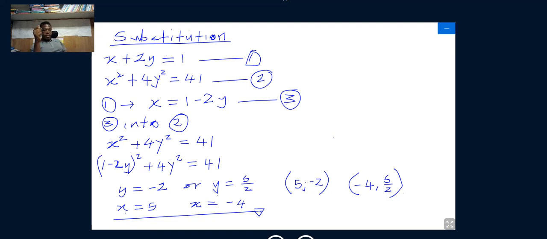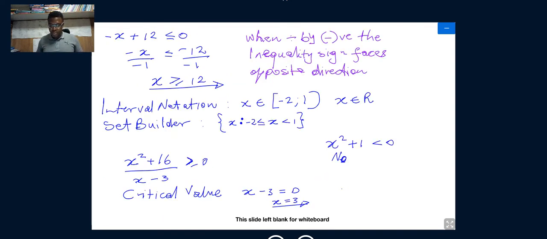As easy as that. But you may also find that you can make 2 equations equal to a similar variable, and in that way you'll just equate the 2 expressions. Let me just do that.